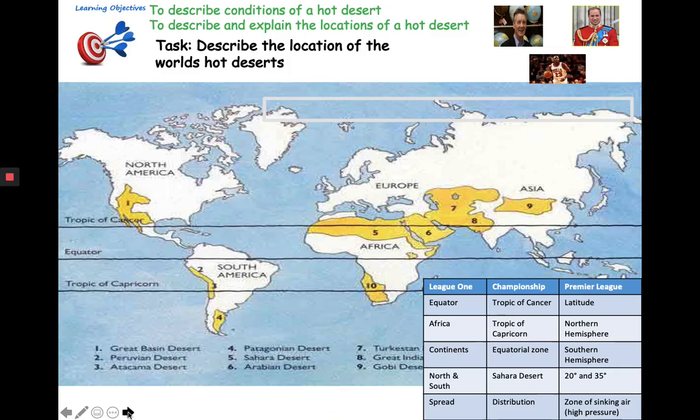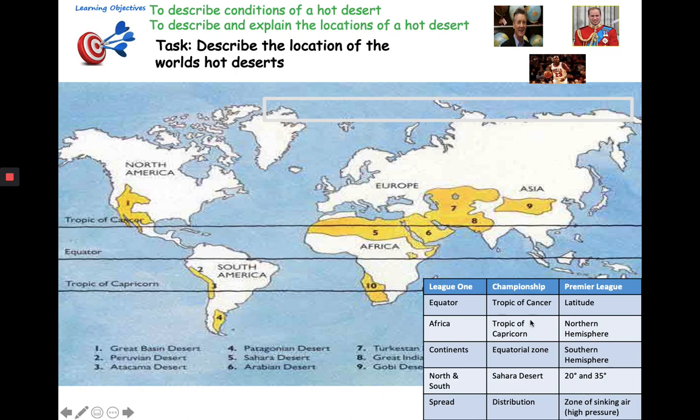So first thing we'd like to do, just as a nice task to get us started, is to describe the location of the world's hot deserts. If you want to have a go at trying to get some of these words into your answer, that would be fantastic. If you want to have a go at League 1, try and get equator, Africa, continents, north and south and spread in there.